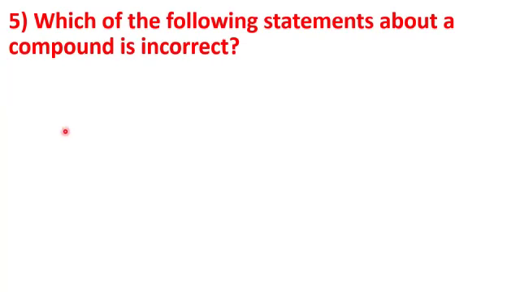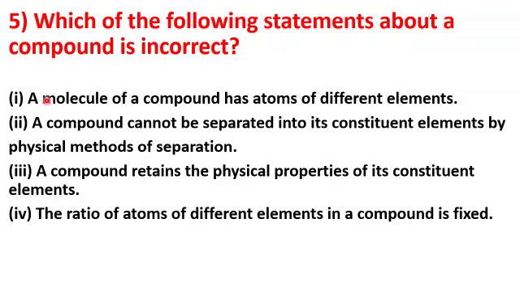Question number 5. Which of the following statements about a compound is incorrect? First statement. A molecule of a compound has atoms of different elements. Second statement. A compound cannot be separated into its constituent elements by physical methods of separation.